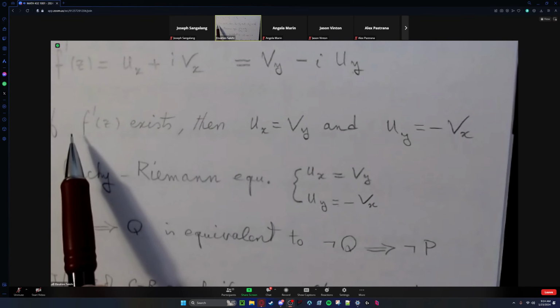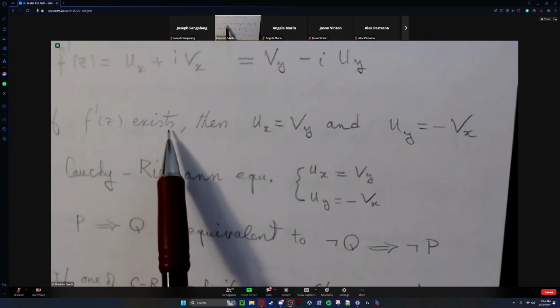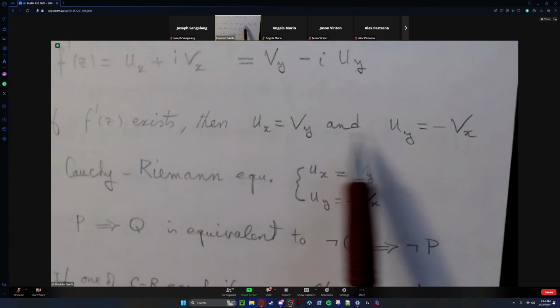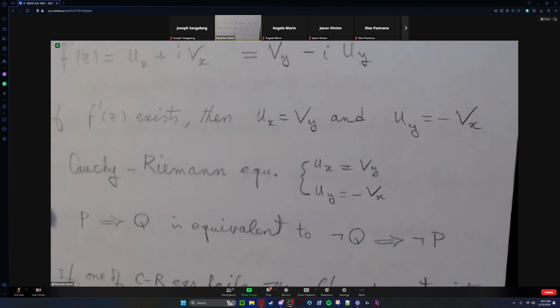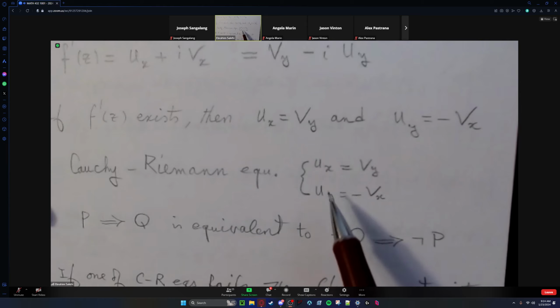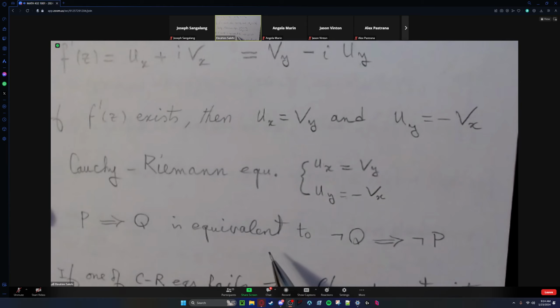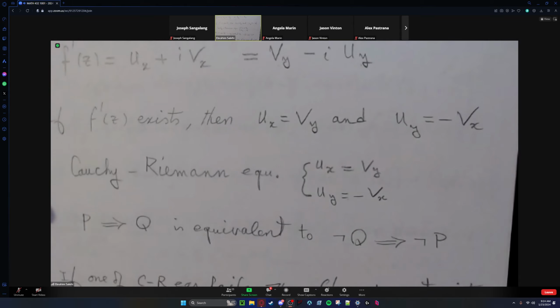If the derivative exists, then we have the Cauchy-Riemann equations, these two equations. As a result, if one of these equations fails, or we don't have equality, then the derivative does not exist, okay?